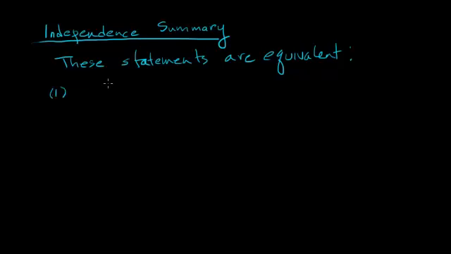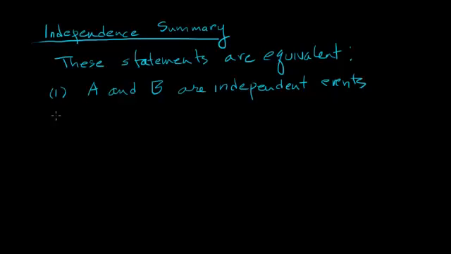First, A and B are independent events. Well, if that's true, that's the same thing as saying the probability of A and B is equal to the probability of A times the probability of B. That's the same thing as saying that they're independent events.